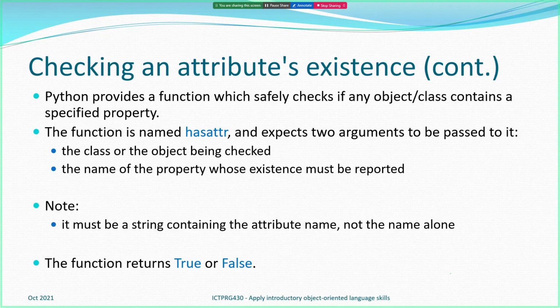So when we execute this function, we need to provide it with 2 arguments. This is the class or the object being checked, and the name of the property that we are trying to find within that object.